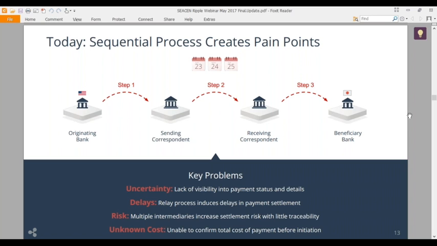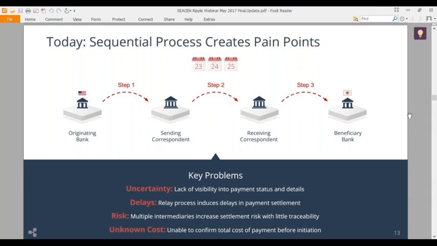The correspondent will receive messaging, turn inward, make debits and credits to its books, book the payment, and then send a message to the receiving correspondent, step 2. The receiving correspondent receives messaging, books that transaction internally, and then sends step 3 to the final beneficiary bank. So it's one link in this chain at a time.